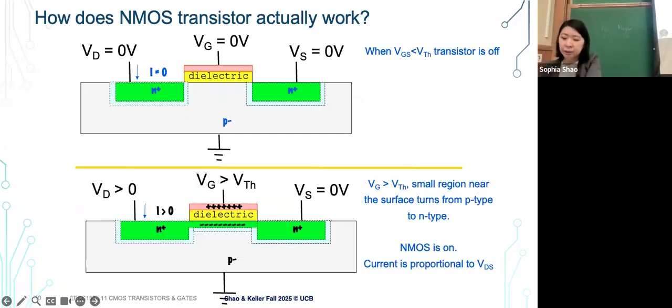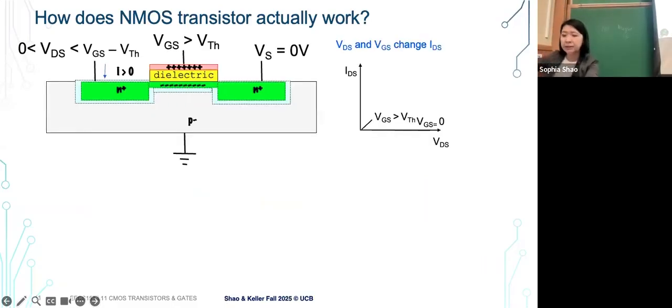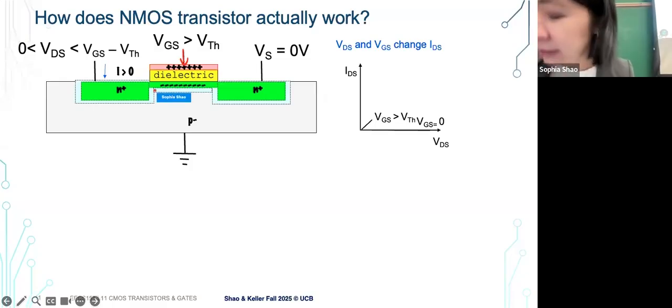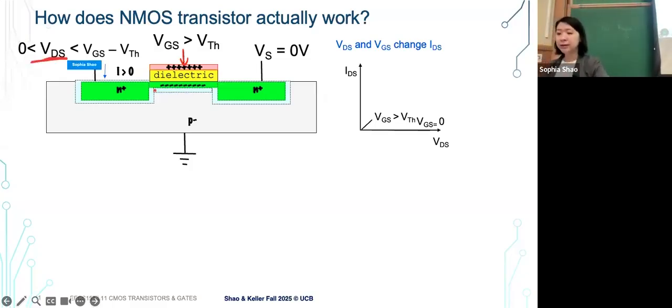So let's say we keep increasing the drain voltage, right? So here, the gate voltage is always conducting, so we have a channel, and here is what we talk about with the drain voltage. This is roughly what we think about with the IV characteristics. We think about the voltage between drain and the source.